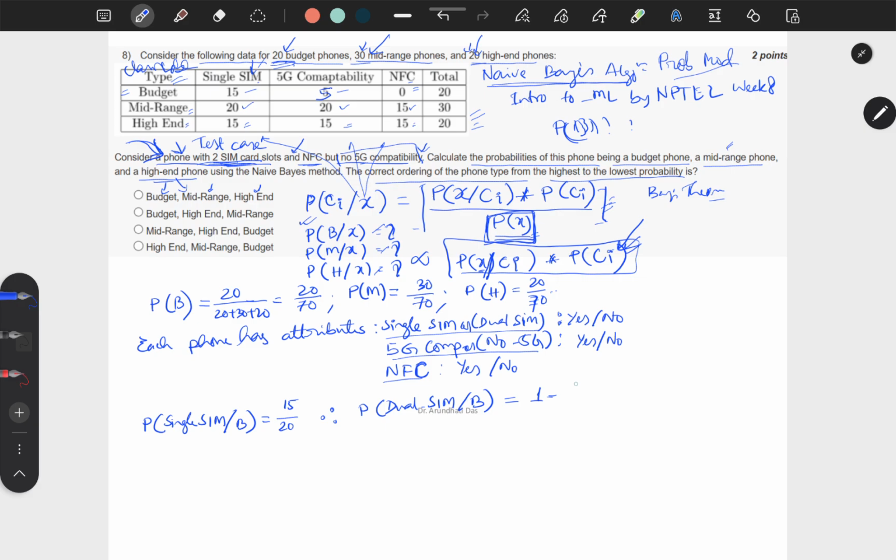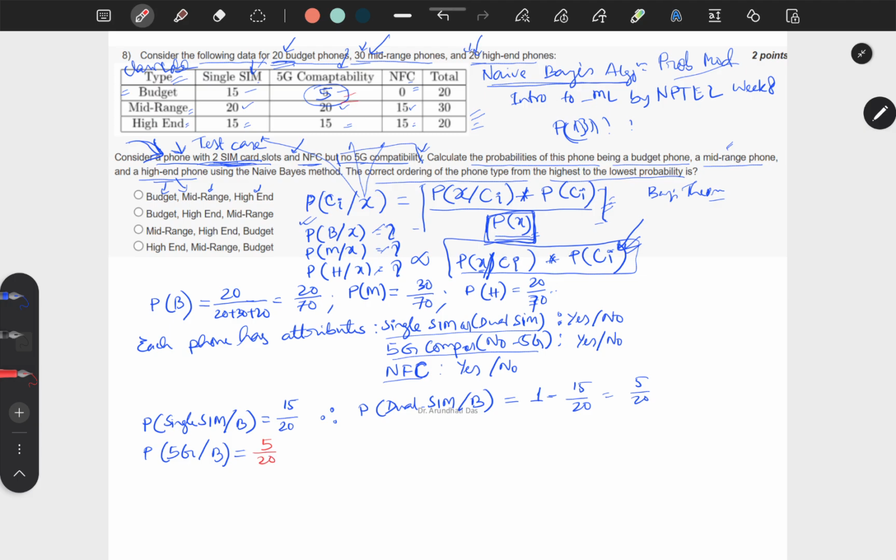Similarly, the probability of the second feature, probability of 5G given the budget phone. How many budget phones are having 5G? 5, so it is 5 divided by 20.